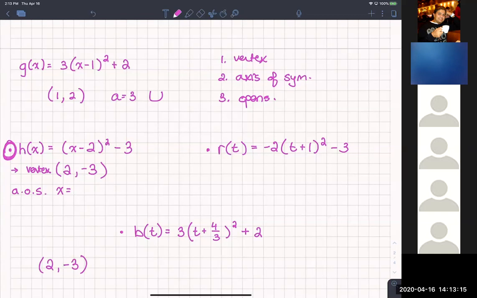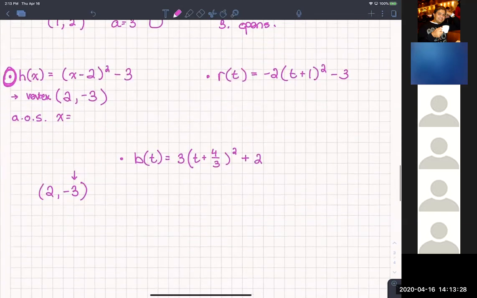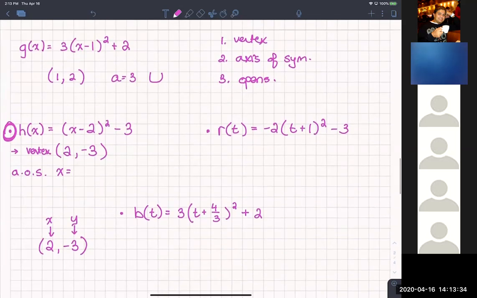Which is the y coordinate? 3 is the y, and the 2 is the x. So the x coordinate of this vertex is 2, so the axis of symmetry is x equals 2.